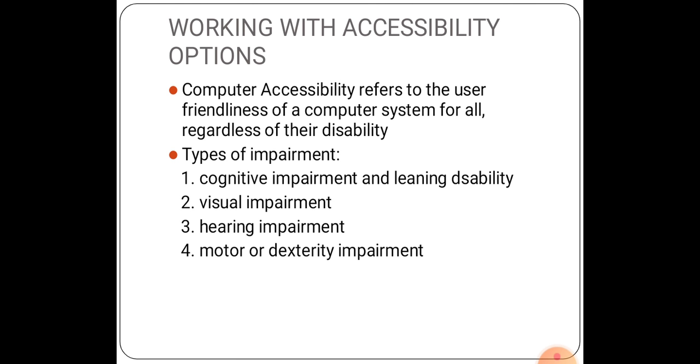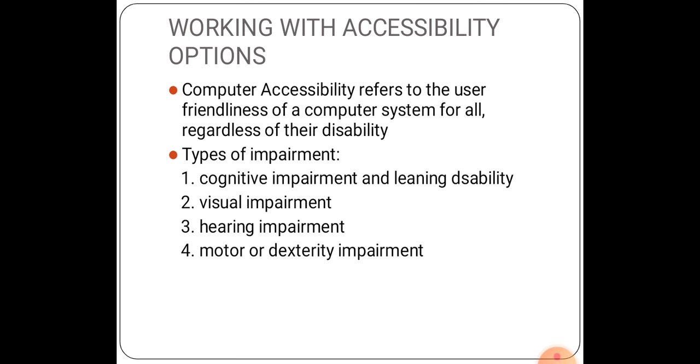So this first impairment will be a faulty one, and the next one is visual impairment. Those who cannot see come under this impairment. And hearing impairment refers to the person who cannot hear what the computer announces.